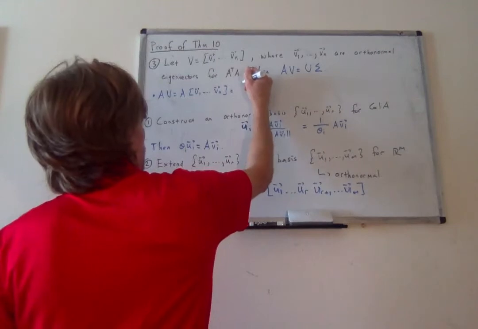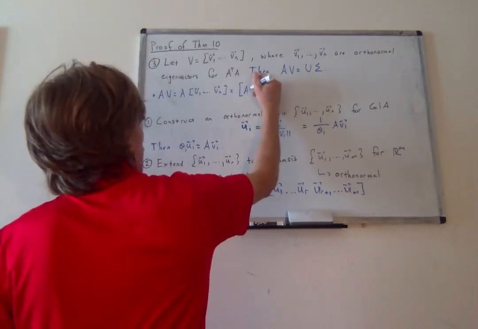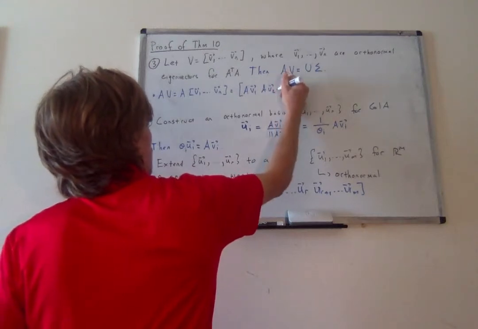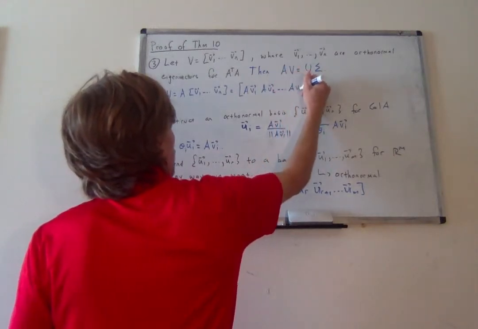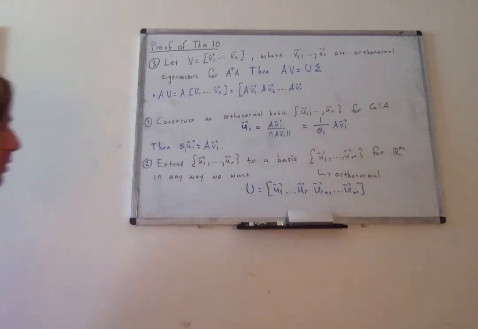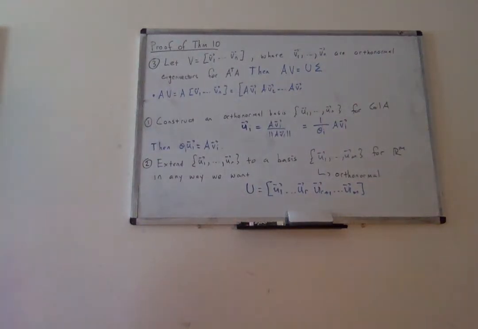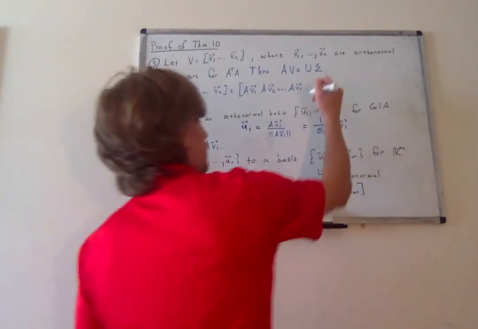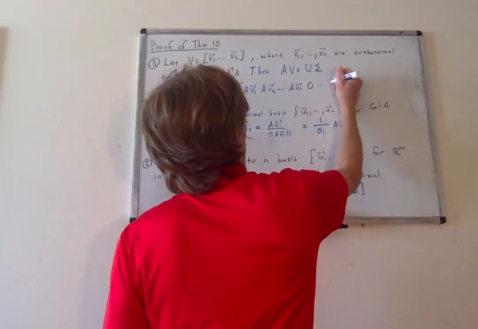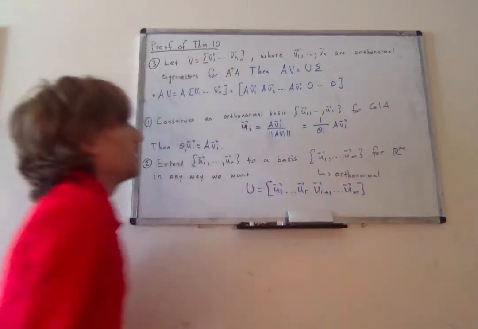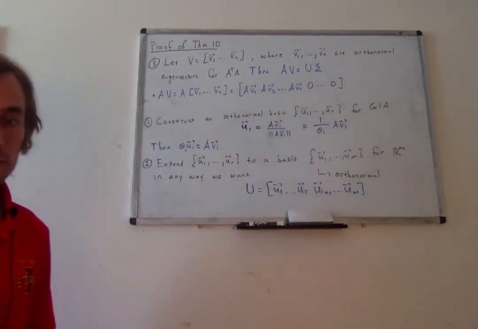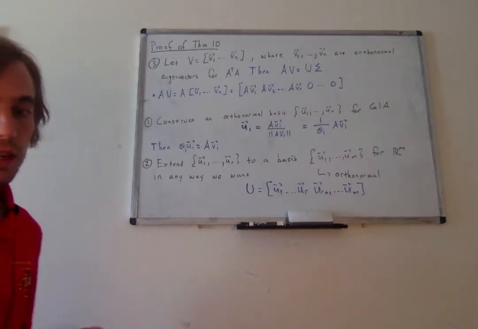And remember, the first r singular values of A are non-zero, but after that, all of the singular values of A are 0. That means that the lengths of A times each of the remaining vectors is equal to 0, which just means that A times the remaining vectors gives us the 0 vector.